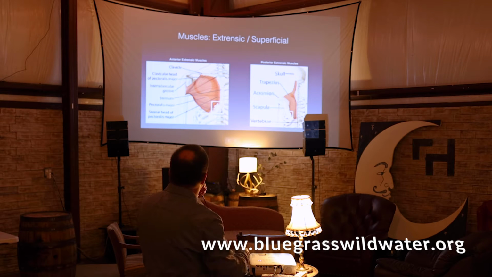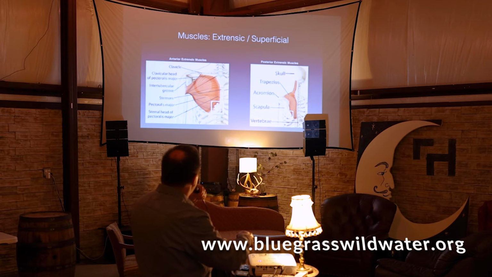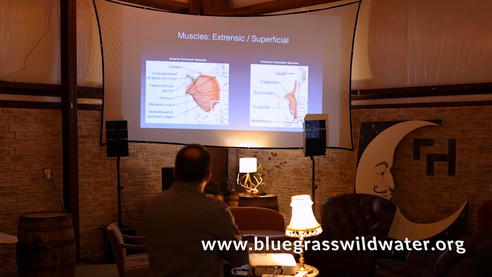These are the extrinsic muscles of the shoulder. We have the pectoralis major here. Then we have the levator scapula here. The levator scapula interacts with the scapula, holding it in a position so it can't be extended outward.